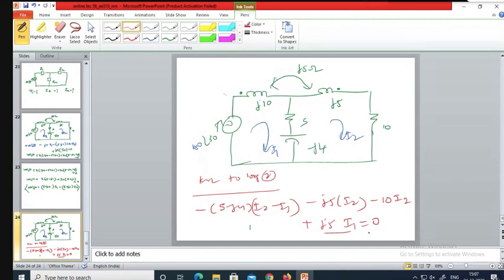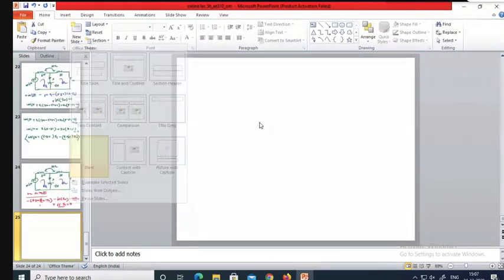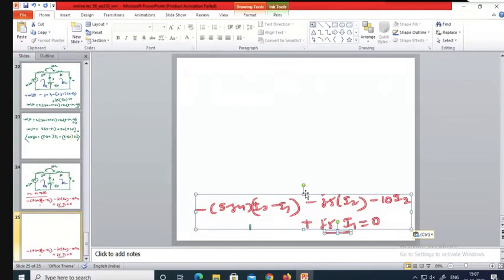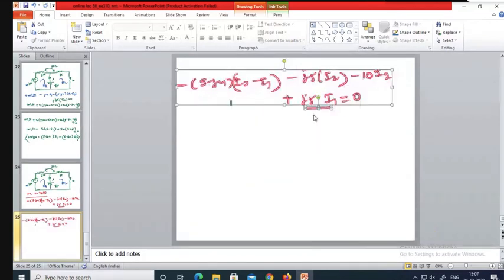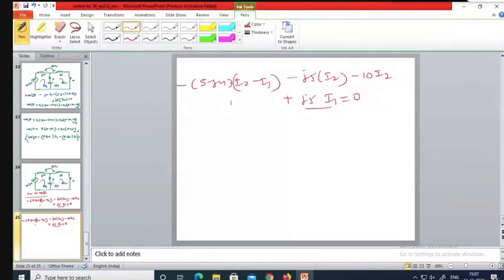So let me simplify this one further. Take common factor I1 here. So minus and minus plus 5 plus J4. Okay. Plus J5.